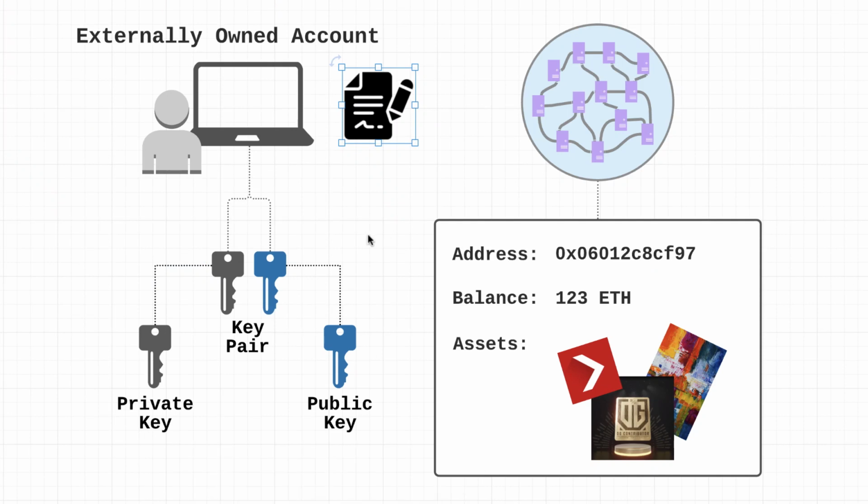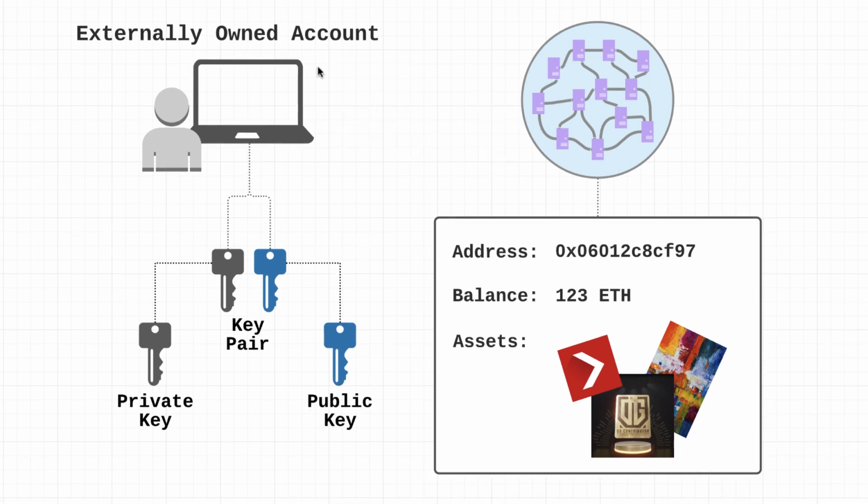I say that because as developers, a lot of the complexity is abstracted away in our development tools and libraries. However, it is helpful to have a basic understanding of private keys, public keys, and addresses. So let's tie everything together now that we understand the core components of this entire system.